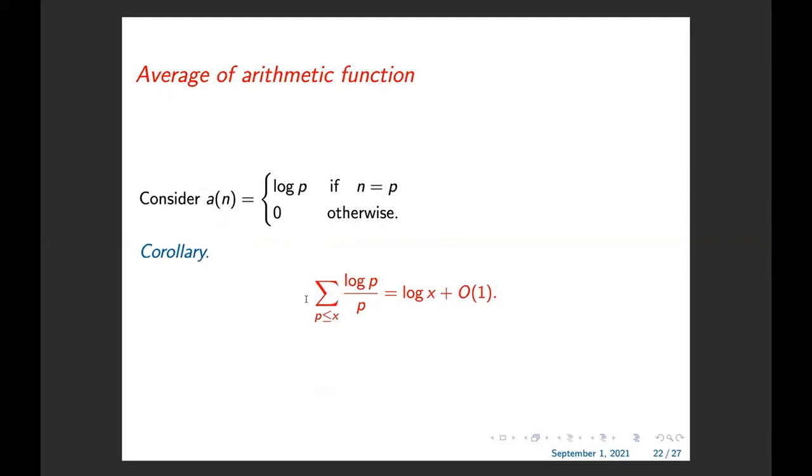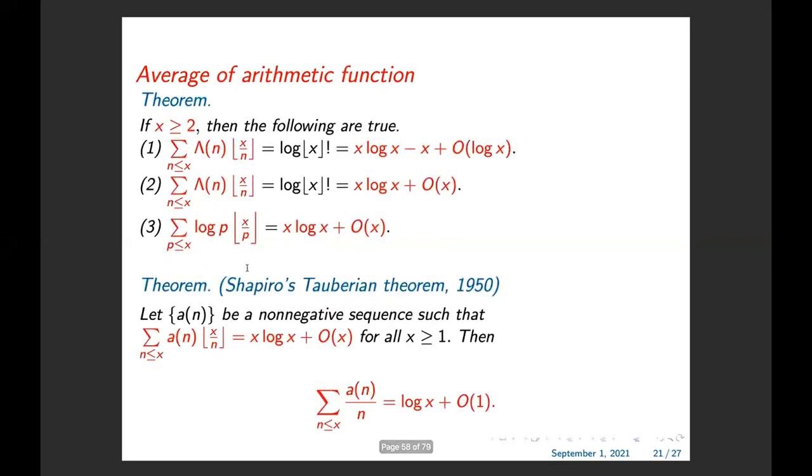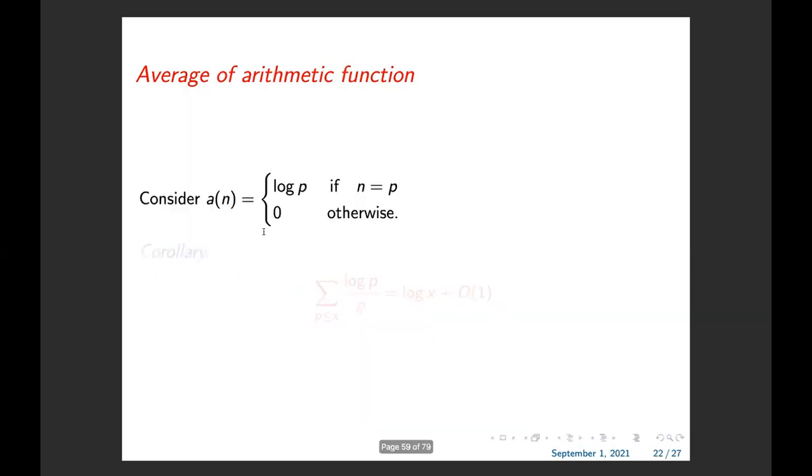Because from here, we have this hypothesis. So this is the hypothetical statement. We first need to have this. So if we choose a_n as log of p, we know this is true. Then we apply this theorem here, and we get this bound.